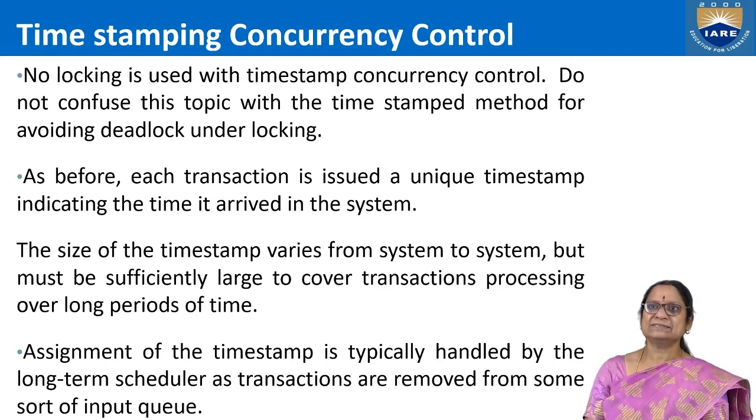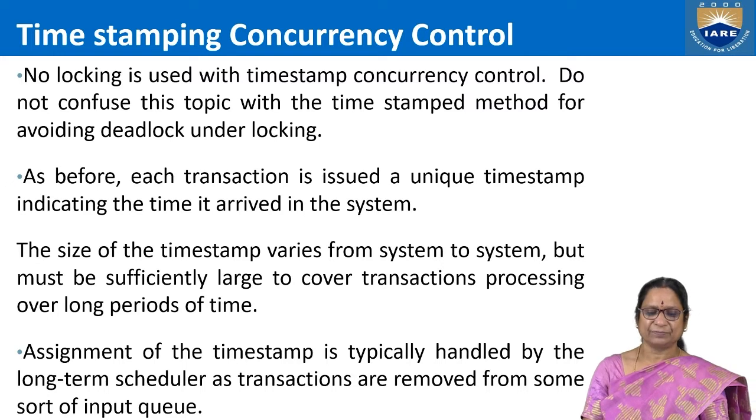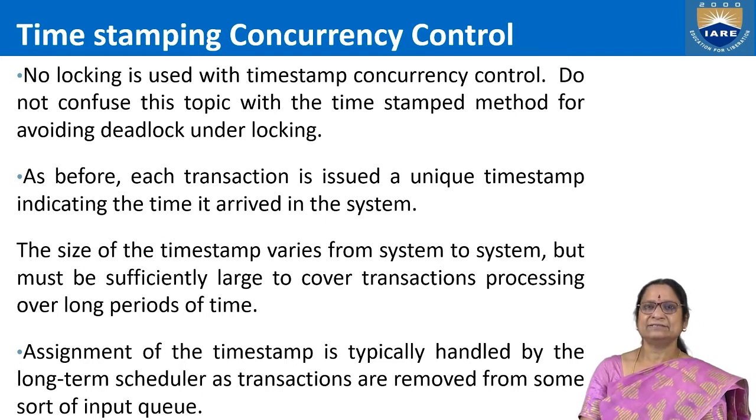As before, each transaction is issued a unique timestamp indicating the time it arrived in the system. The size of the timestamp varies from system to system, but it must be sufficiently large to cover the transaction processing over a long period of time. Because the timestamps cannot be refreshed every time, no?